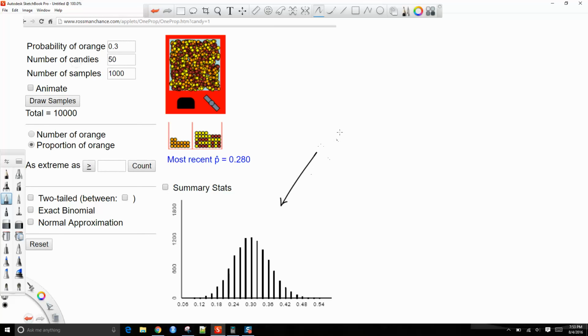So anyway, what we see is that this is the sampling distribution of p hat.